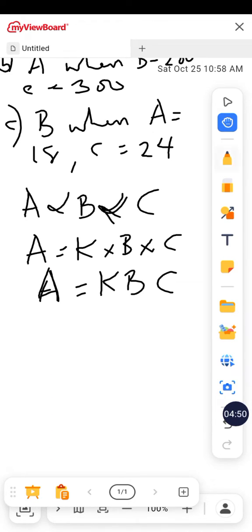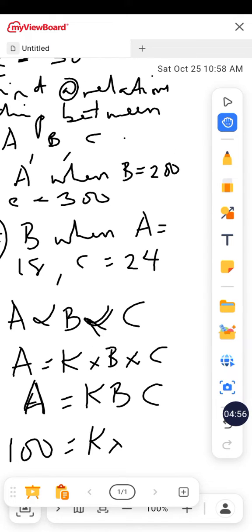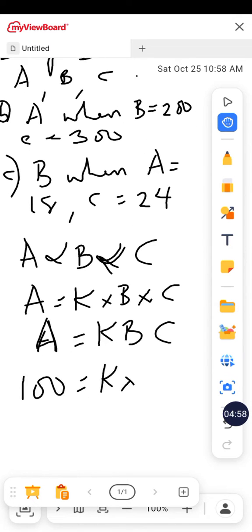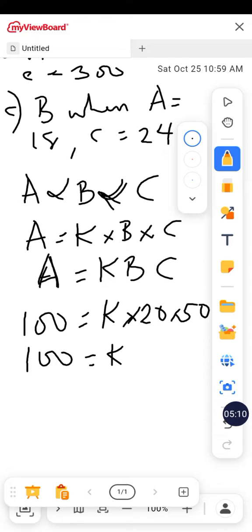So 100 equals K times 20 times 50, that's 1000. So 100 equals 1000K.